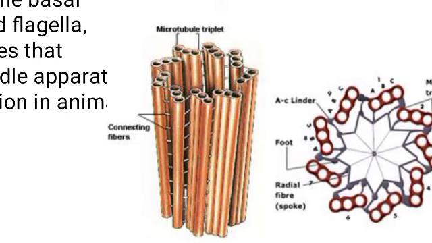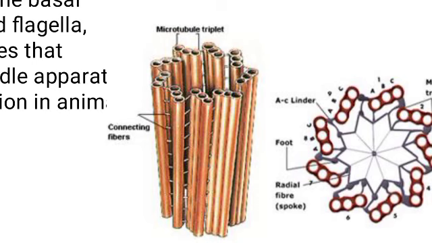Okay, so when we see the structure of the centriole, it is made up of 9 evenly spaced peripheral fibrils, which are made up of tubulin protein, and each peripheral fibril is a triplet. The adjacent triplets are connected with each other, so we can say it is linked. The central part of the proximal region of the centriole is also made up of protein, and it is called the hub.